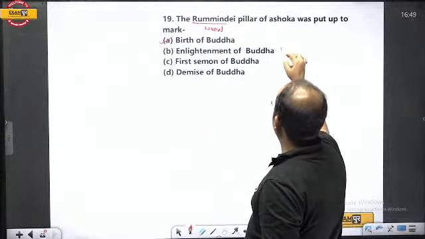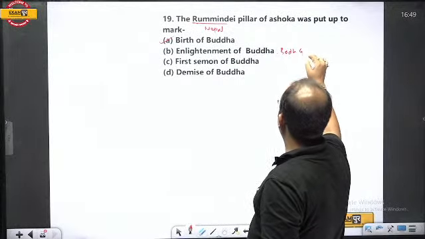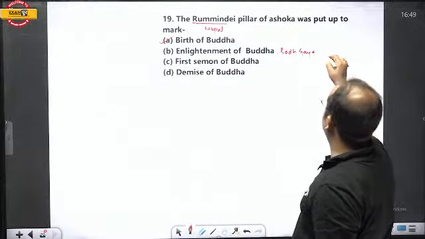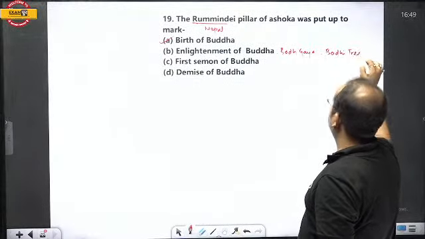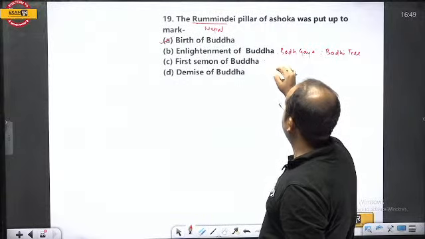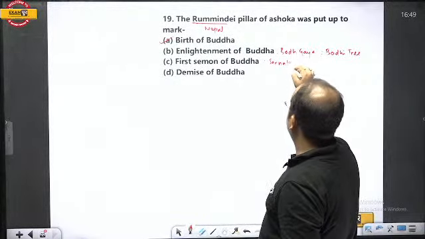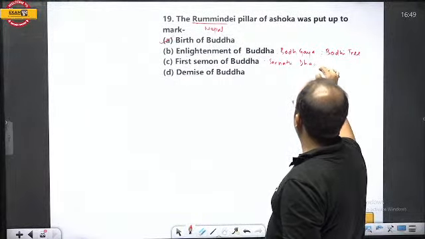The enlightenment of Buddha is in Bodh Gaya, and the symbol is the Bodhi tree. Then the first sermon, Sarnath, is Dhamma Chakra Pravartan.